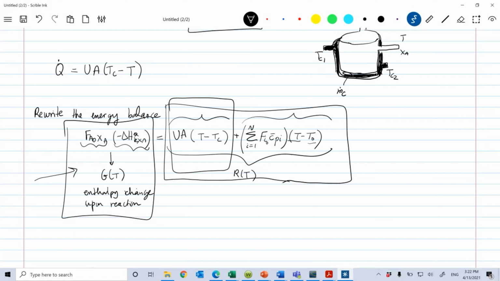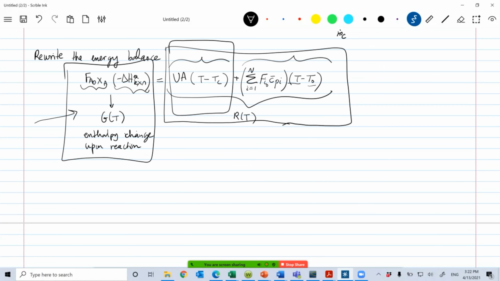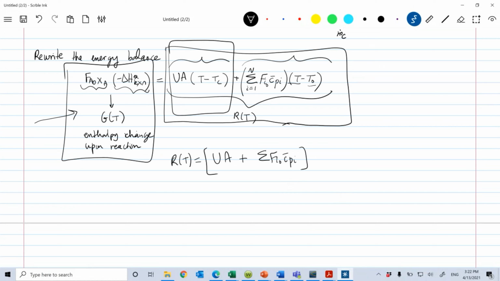So you have those two terms. The one thing you can do is rearrange this R of T term to be a straight line. You can write R of T equal to UA plus sum of the flow rates times T, minus UA times coolant temperature plus sum of flow rates times T0.